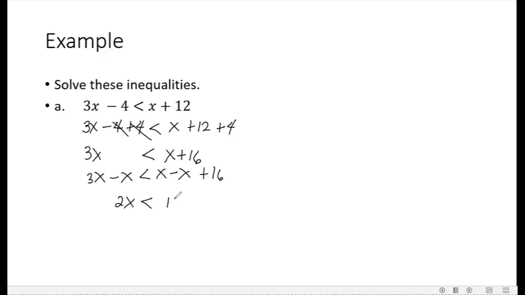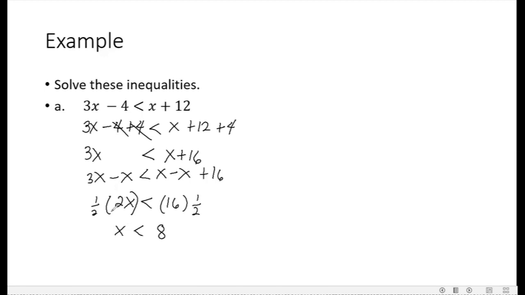Bring down 16. Then multiply the left side by 1/2, and the same for the right side by 1/2. So 1/2 times 2x is x, less than 16 times 1/2 is 8.